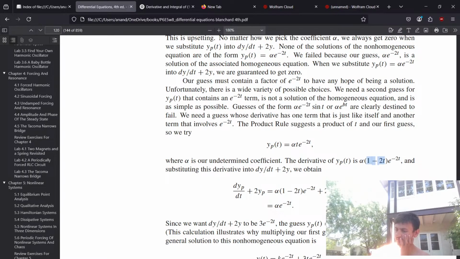All right, minus 3e to the minus t plus 2 times... plus 6e to the minus t is equal to 3e to the minus... Wait. I don't think I did it right. Oh, yeah, I definitely did this wrong.